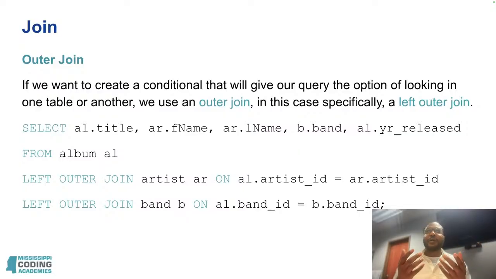And what the left outer join is going to do is say, hey, album, look over here in the artist table. And if there's information there that we need, get that. And then look over here in the band table and see if there's information that we need from there. And if so, get that. And then it will connect them all. So let's do that.